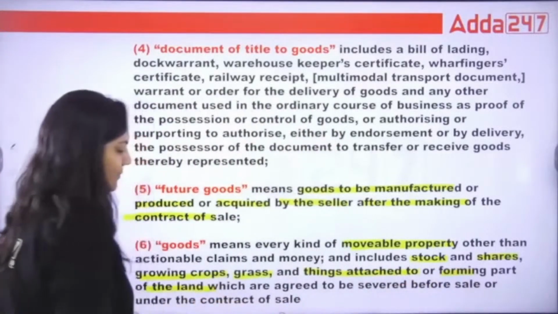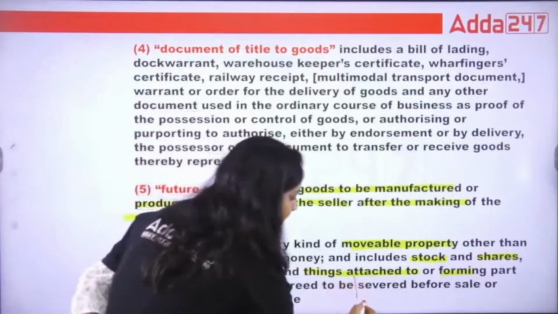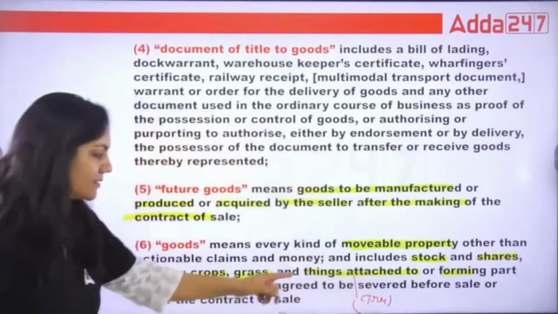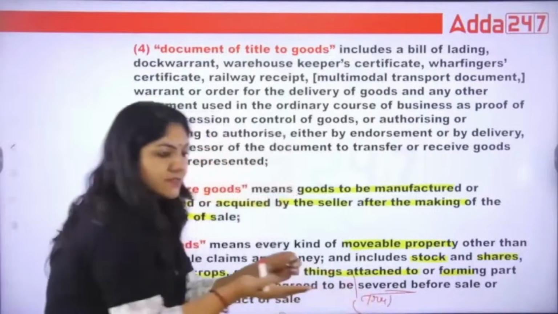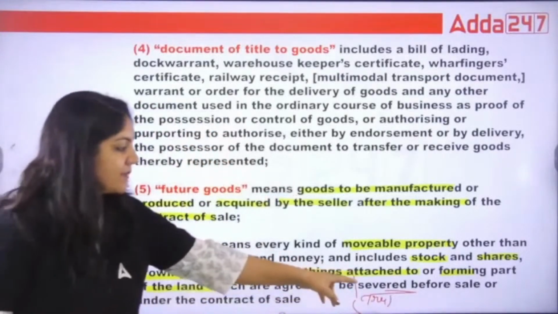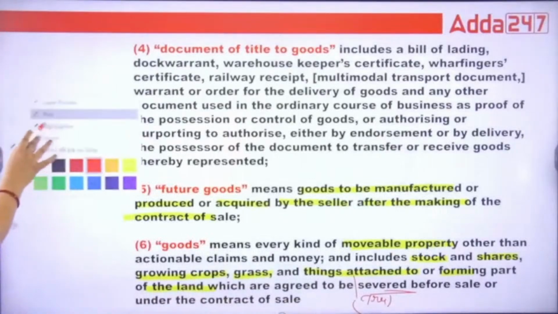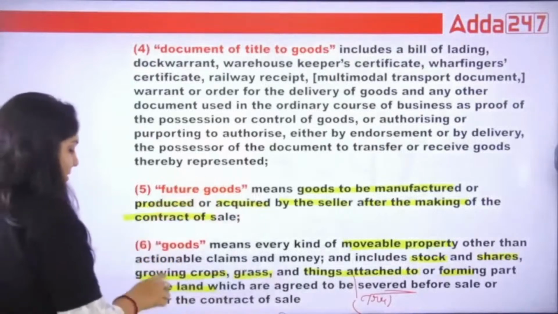It means, suppose, a tree. The best example of this one is a tree. As we know, a tree is immovable property because it is attached. But when it is severed, meaning when it is cut, it becomes movable property. So whatever I have highlighted in yellow, this is movable.